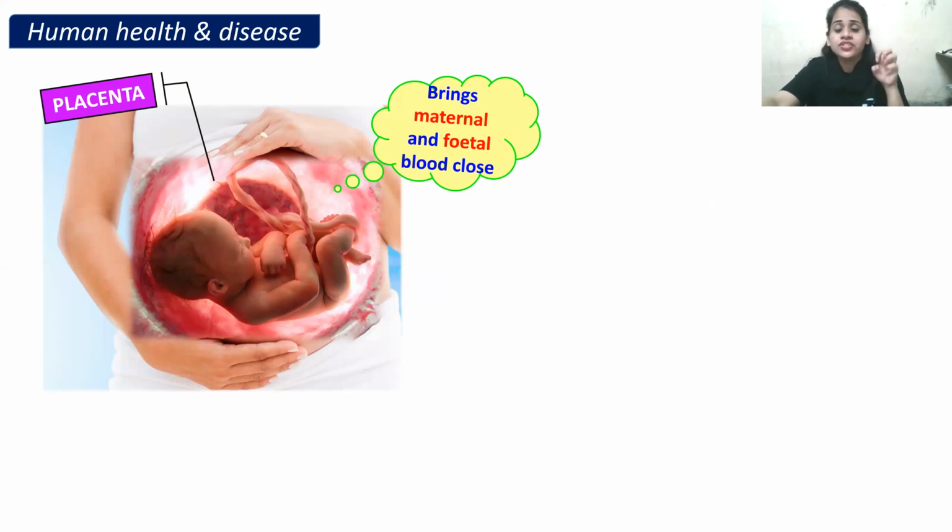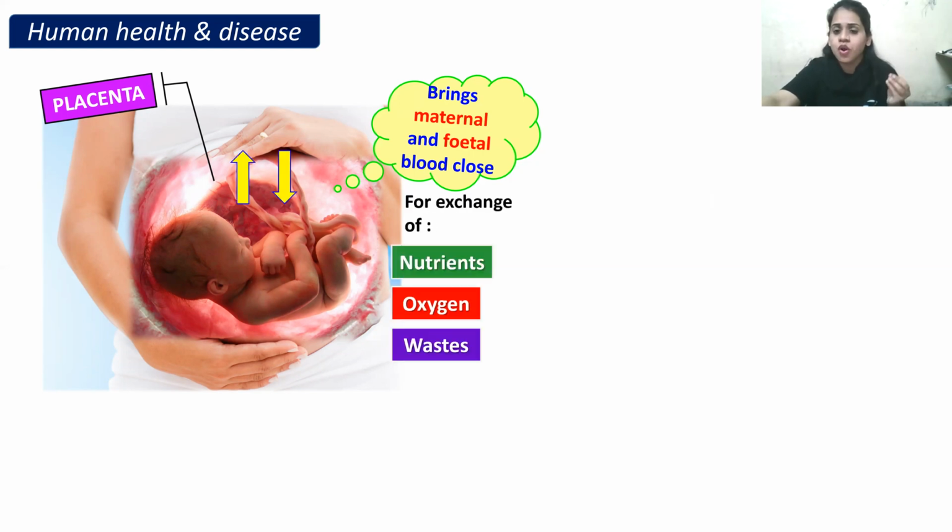Okay. Now we are just concentrating on the immunity part. We are not going into detail about placenta. Just remember that placenta is a structure which connects the maternal and fetal blood closely. Why? For exchange of nutrients, oxygen, and waste products. Okay. So for exchange of nutrients, oxygen, and waste products.